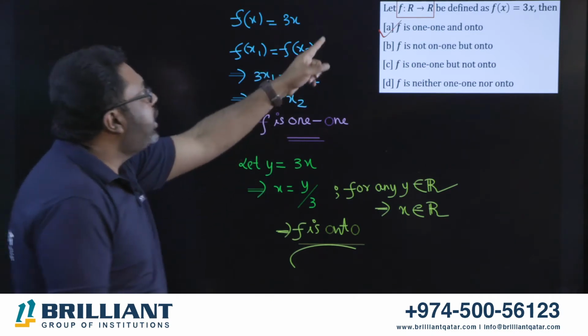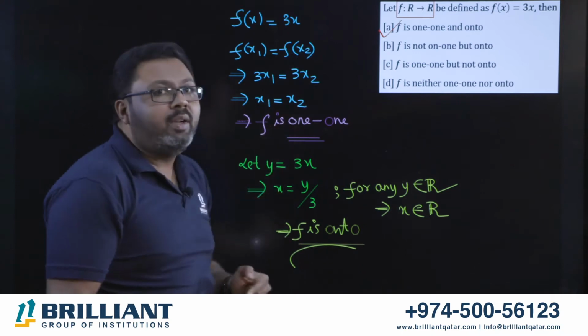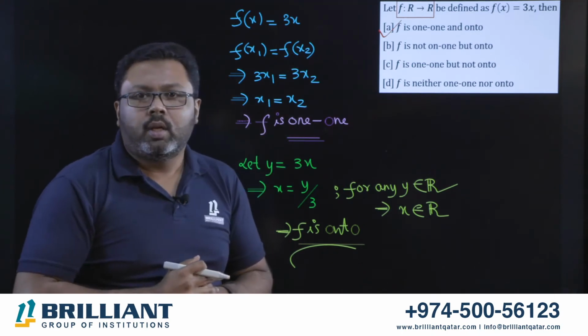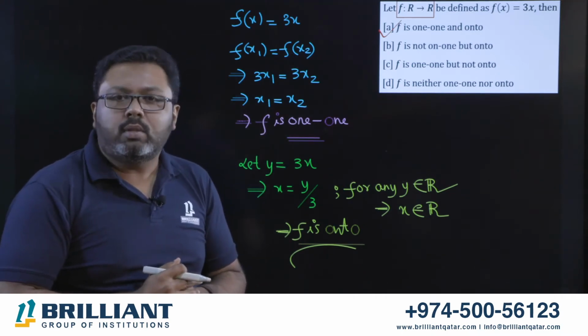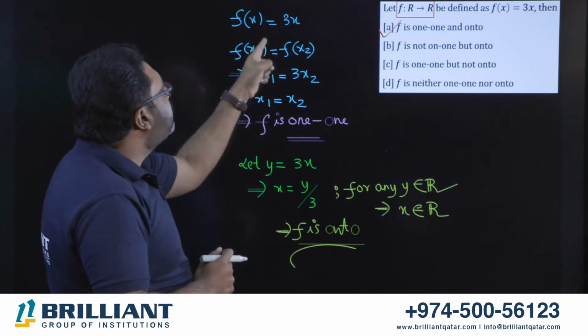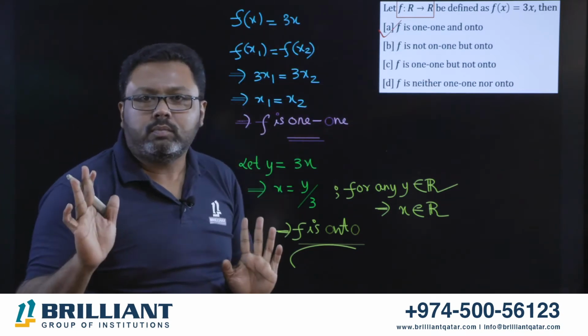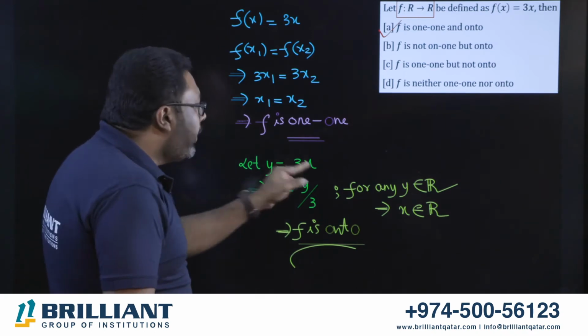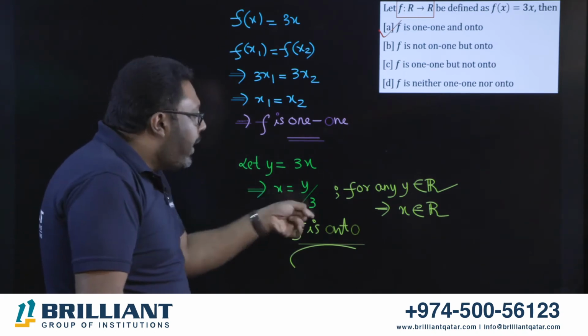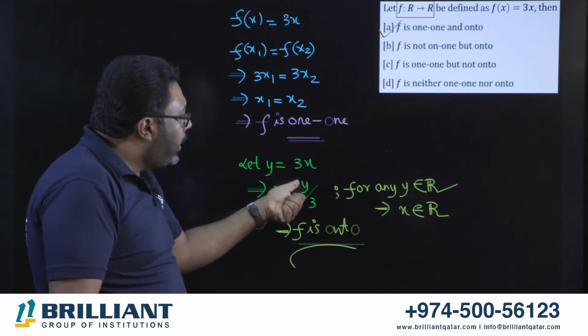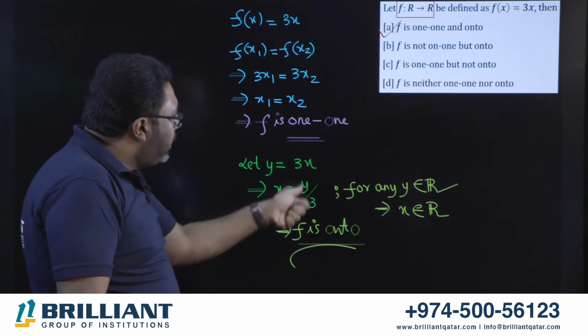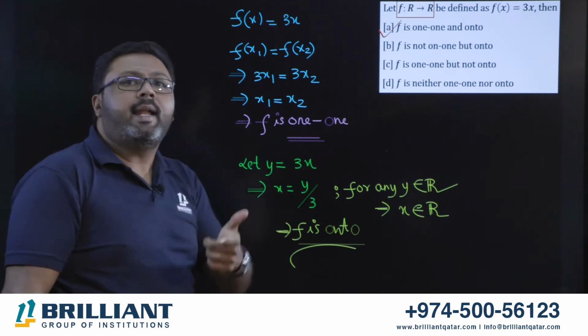What if I change my domain to natural numbers? Every natural number is going to give me an answer over there. So it's 1-1, no doubt. But what about onto? Y by 3: if I put a real number here, a real number by 3 is not always a natural number.